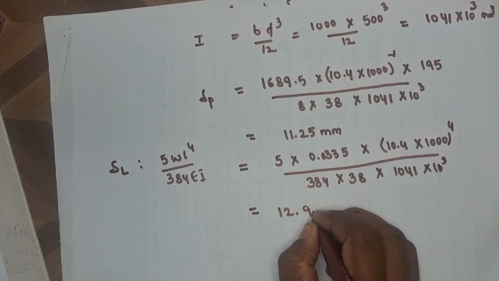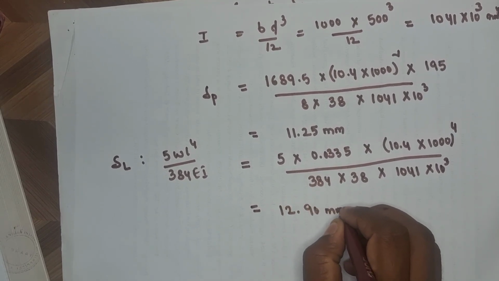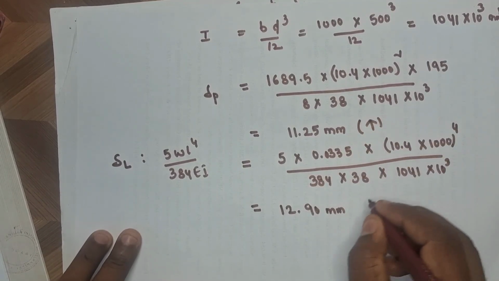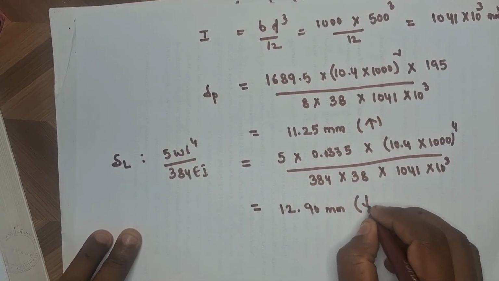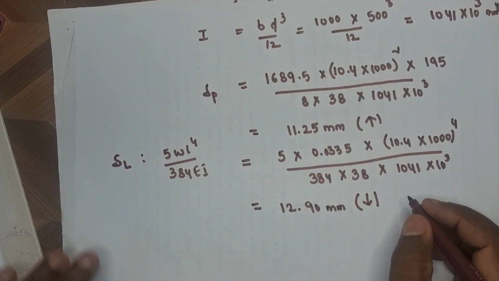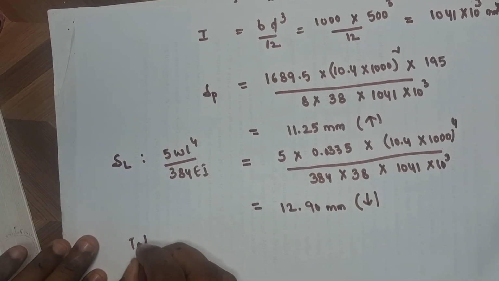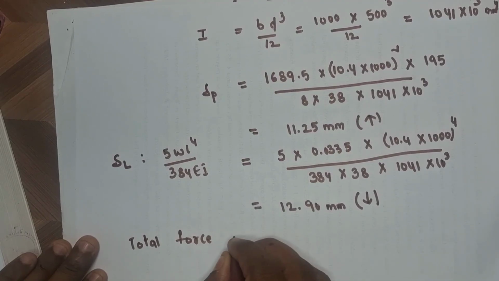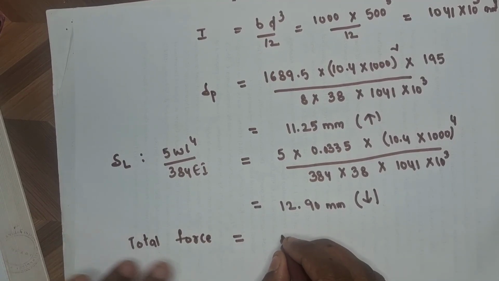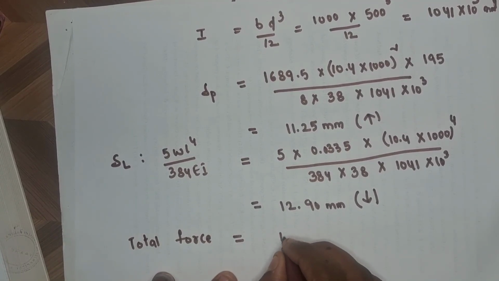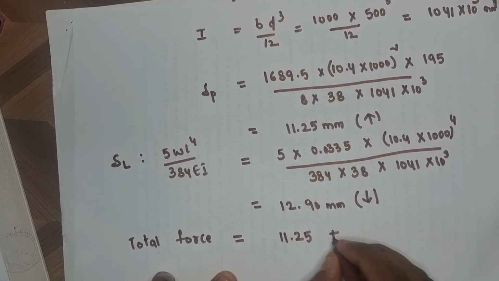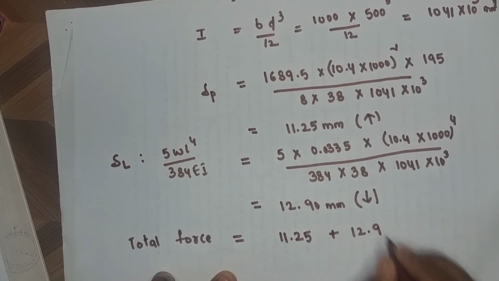The answer is 12.90 mm. See, prestressing force will act in the upward direction. This deflection will be in the downward direction. That's why total deflection is equal to 11.25 plus 12.9.